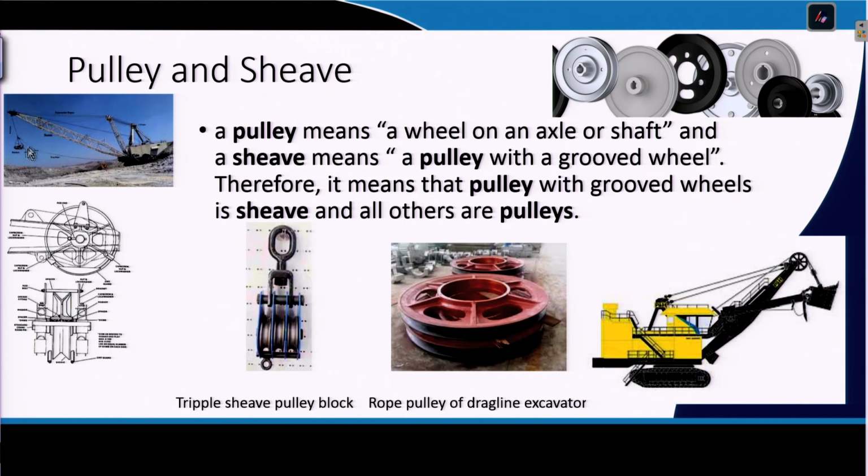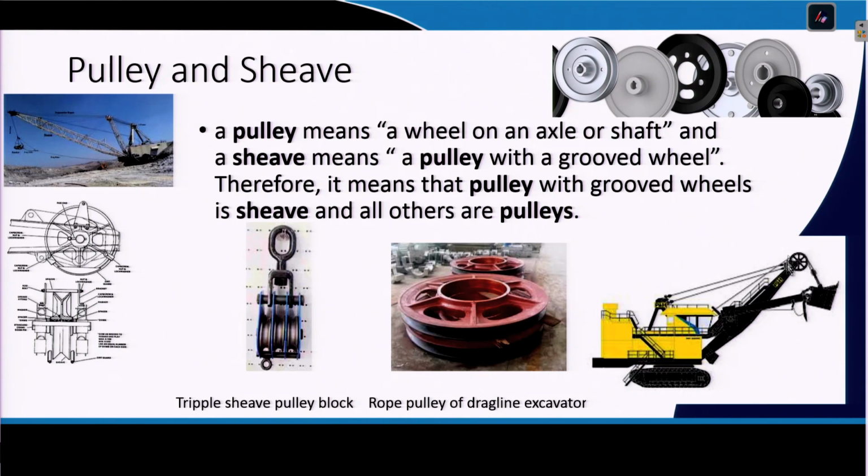Now, the operating member of these machines is the bucket, by which you are collecting the broken material. These buckets are handled in both these machines by wire ropes. While doing that, the rope must be given a drive on a rope drum, and the rope moves over this sheave.